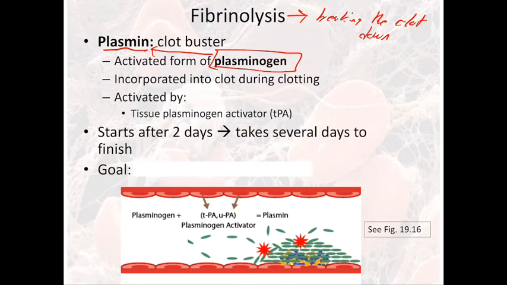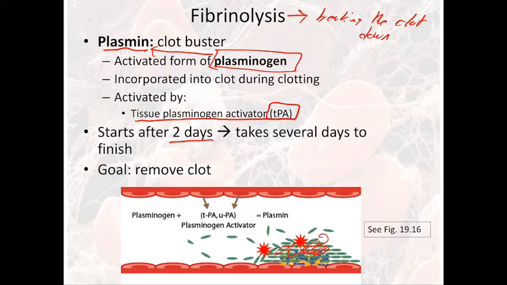Plasmin is activated by an enzyme called tissue plasminogen activator, or TPA. This starts being released in high levels about 2 days after an injury, and then it takes about 2 days to finish. The goal is to break up this clot, get all of this out of there, let the plasmin do its job, and remove that clot, because now we have healed tissue there. The clot's no longer needed.